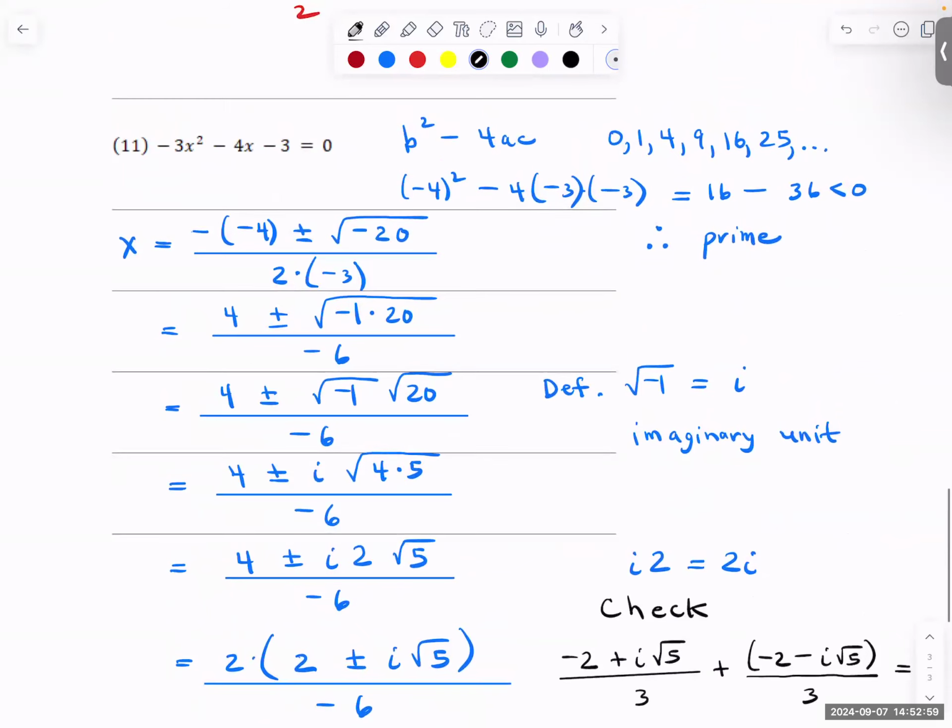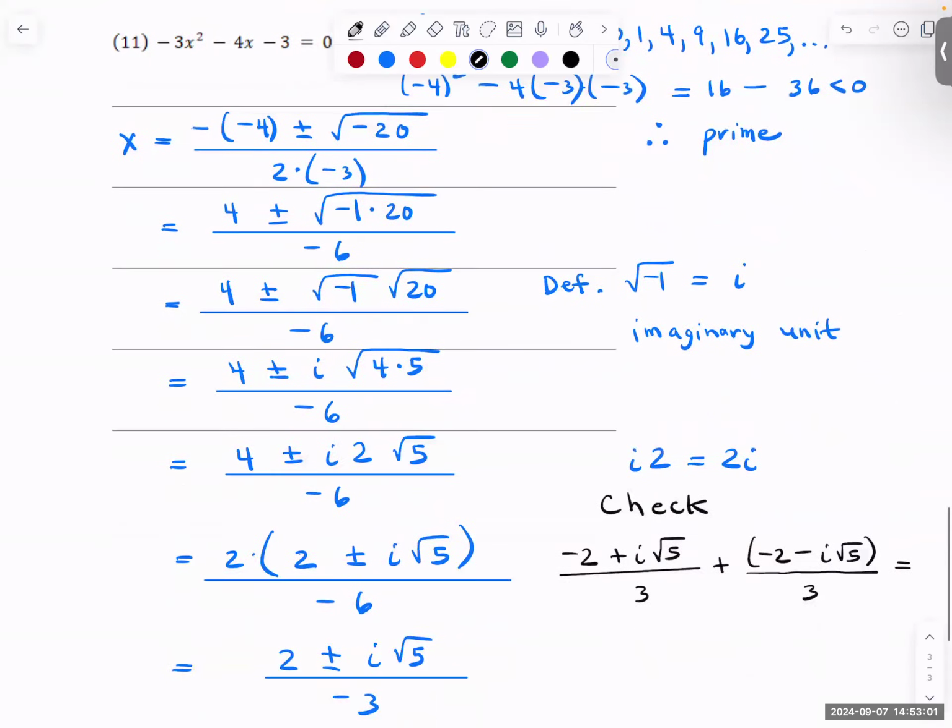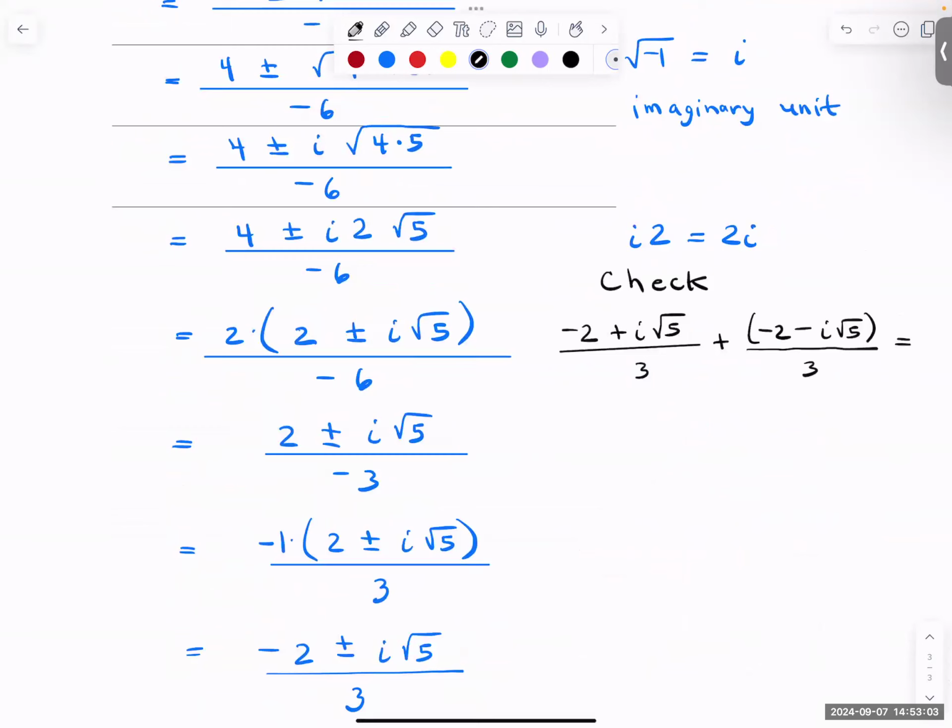So that would be negative 4 divided by negative 3.